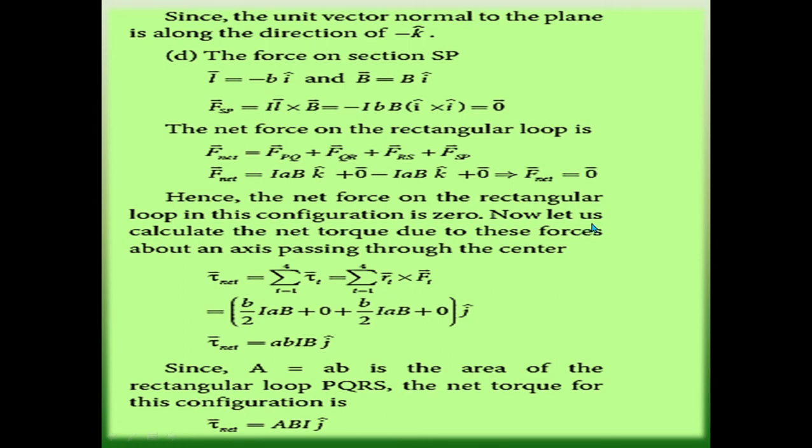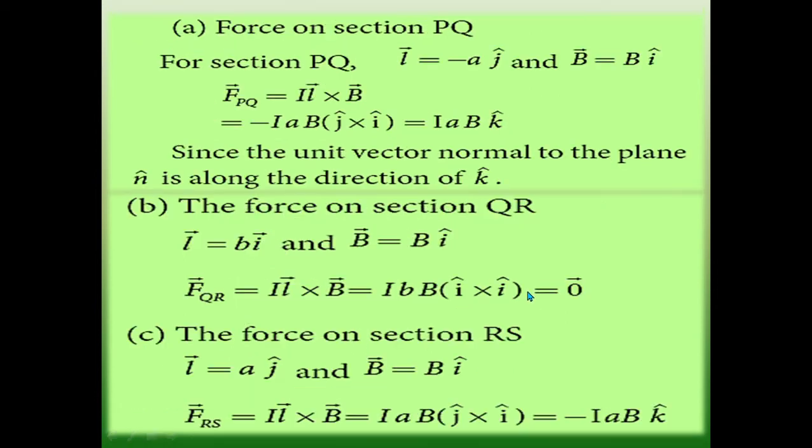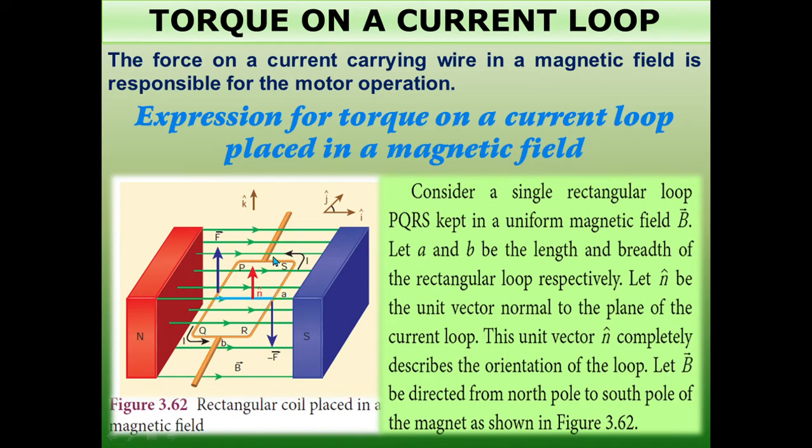Now, let us calculate the net torque due to these forces about an axis passing through the center. The force acts at the center, which means the rectangular loop is divided into two parts, that is, divided by 2.